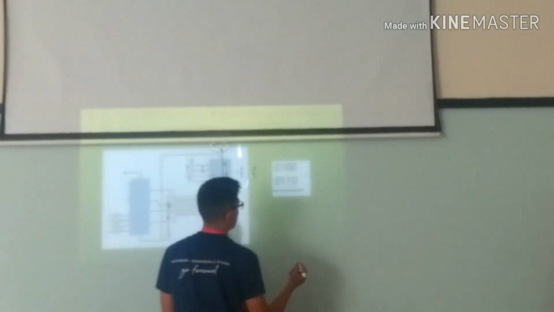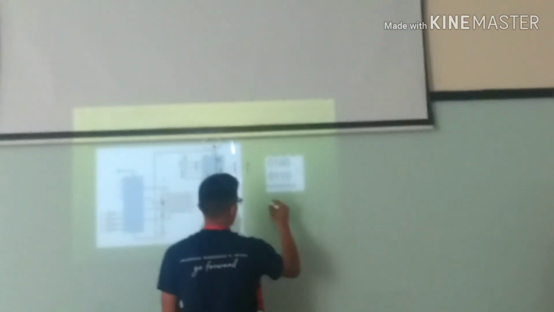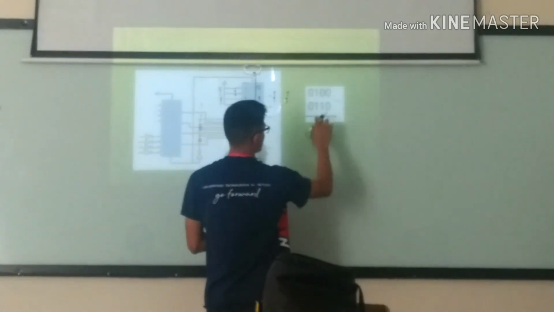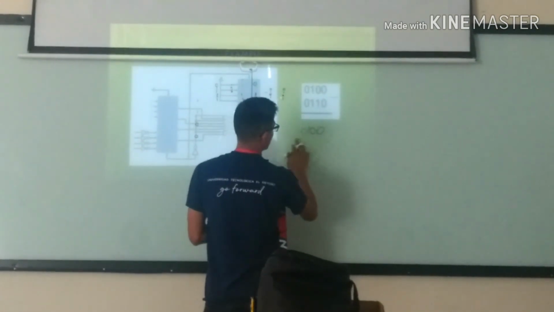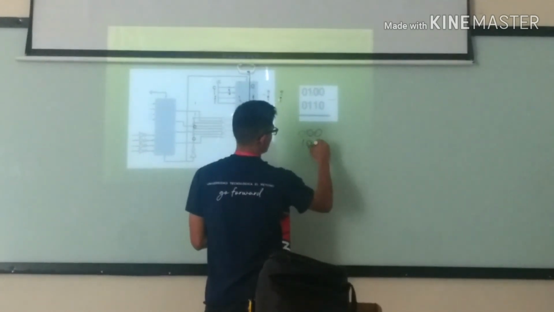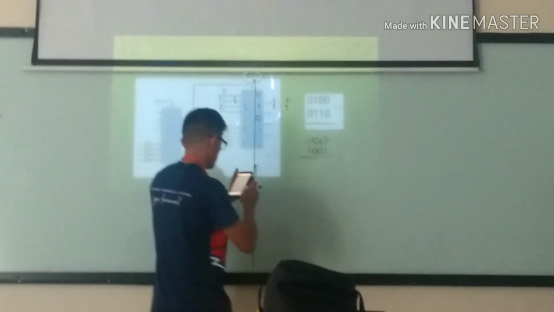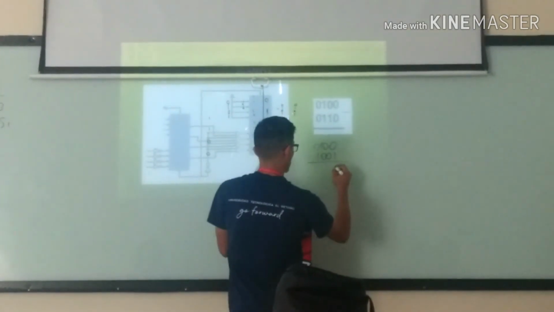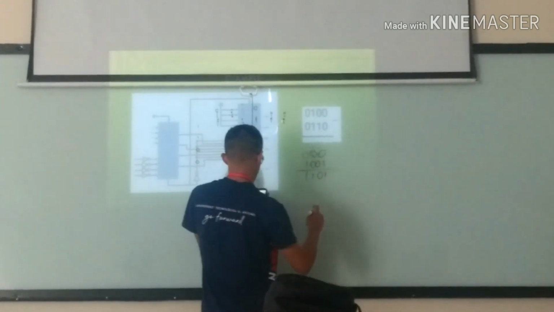That means if we have this, we need to write them like this, and the second is the opposite. That means 1, 0, 0, 1. The result is 1, 0, 1, and 1.